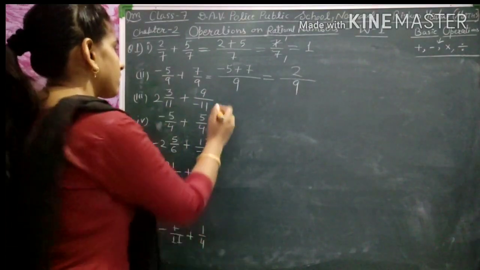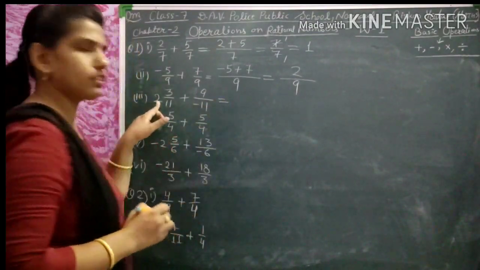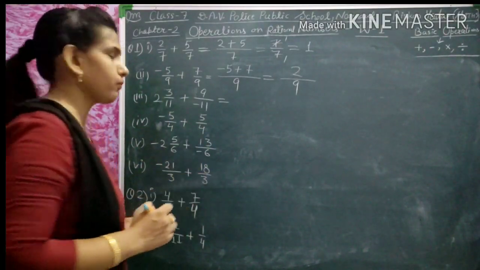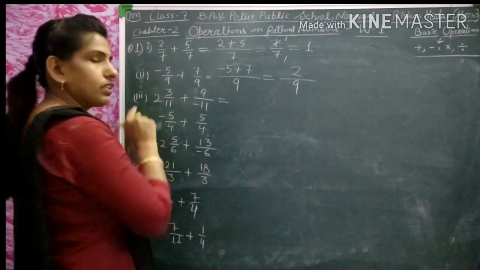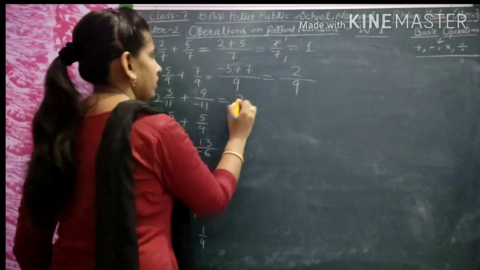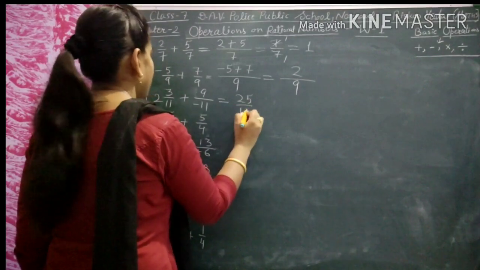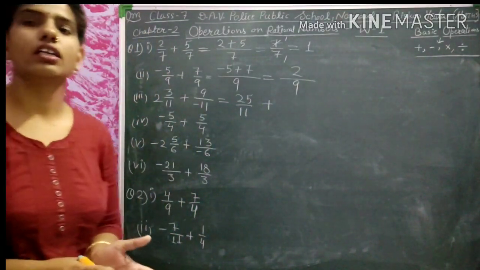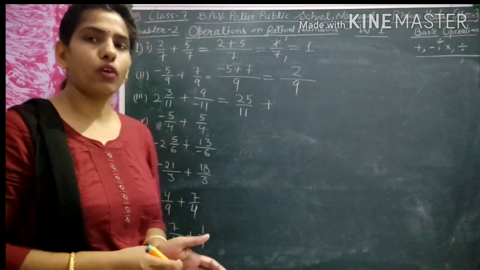Now, question number 3 has a mixed fraction, so we change it into an improper fraction first. 11 times 2 is 22, 22 plus 3 is 25, so 25 divided by 11. Then we change the other fraction into the standard form of a rational number.